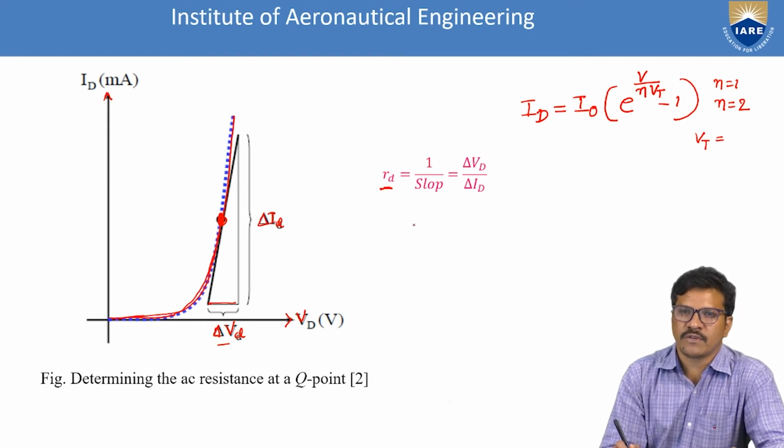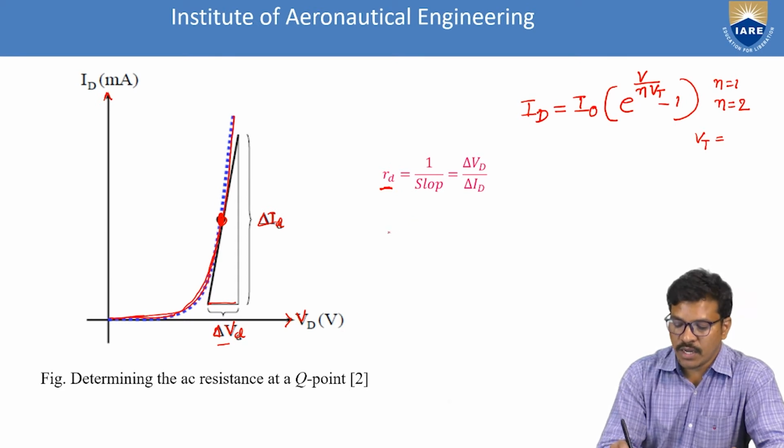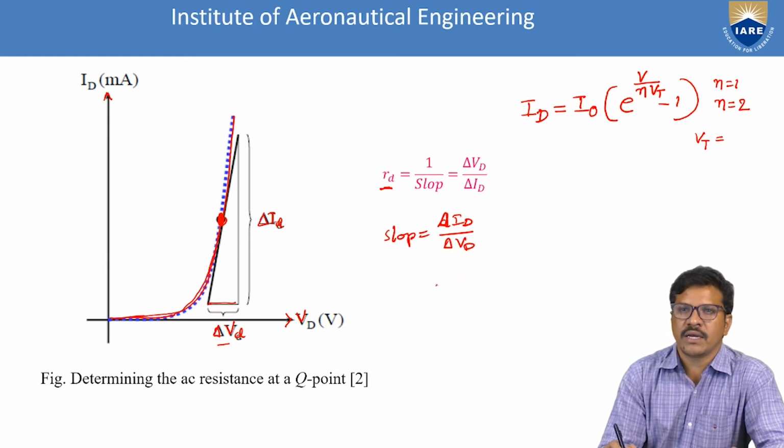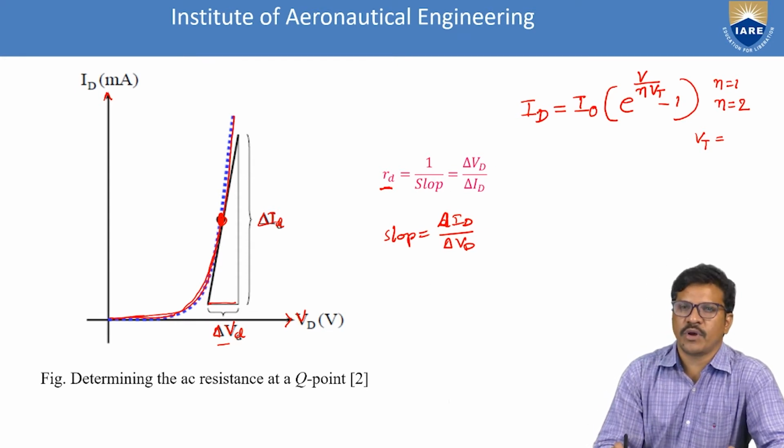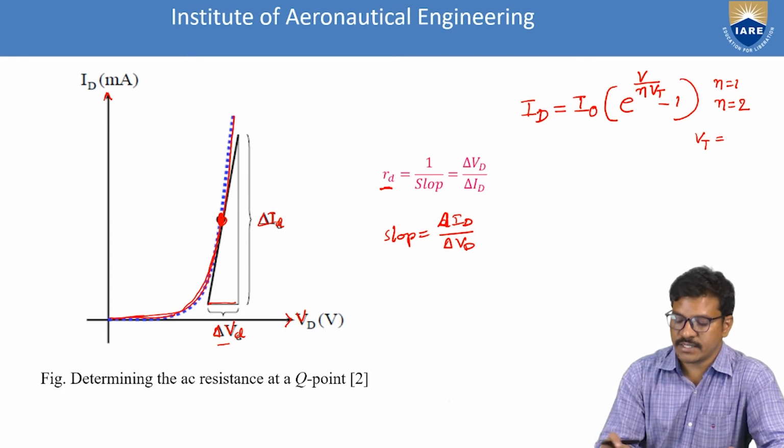Why the reciprocal? Because the slope, delta Id by delta Vd, is nothing but I by V, which is conductance. V by I is resistance, so if you take the reciprocal, we get the resistance.